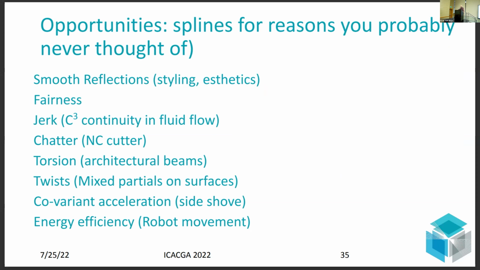So why do we worry about splines? I talked about C1, G1 splines. That's just opening the crack of Pandora's box. People worry about splining surfaces and curves together for all sorts of reasons. If I'm in the car industry, I want my reflections to be as smooth as possible.